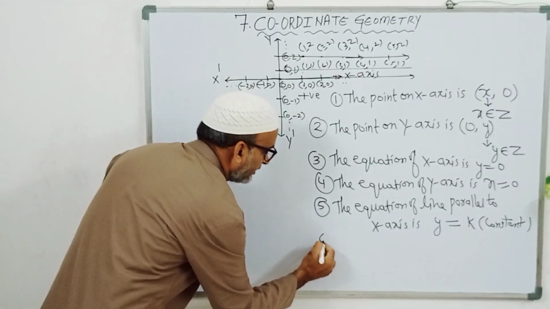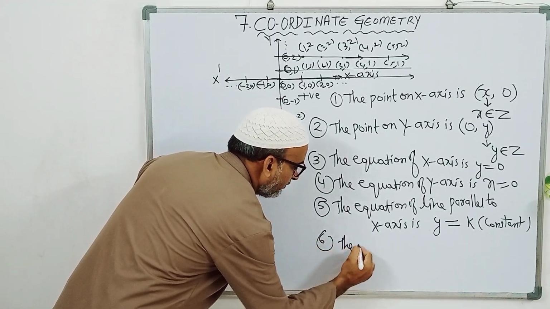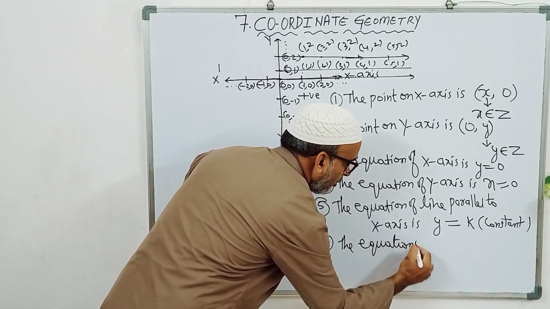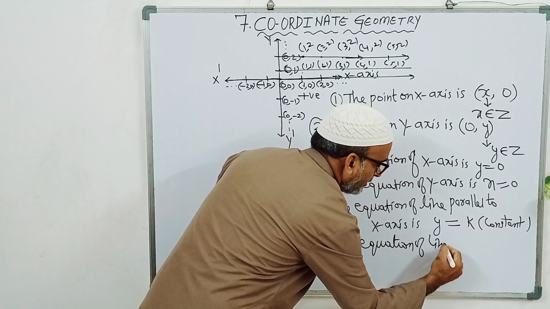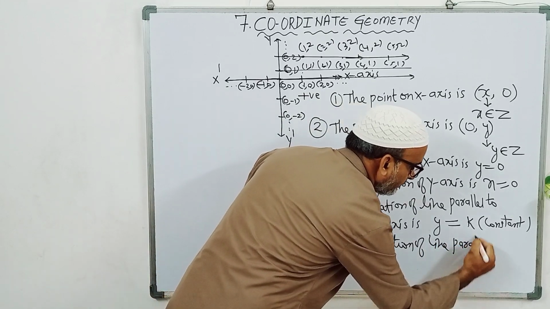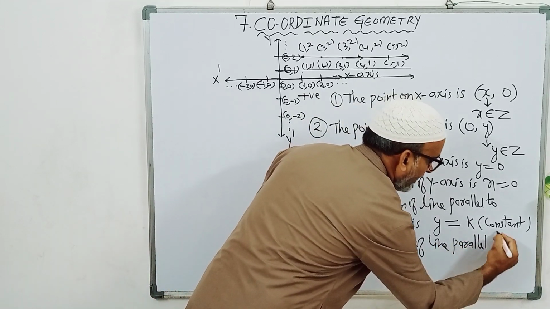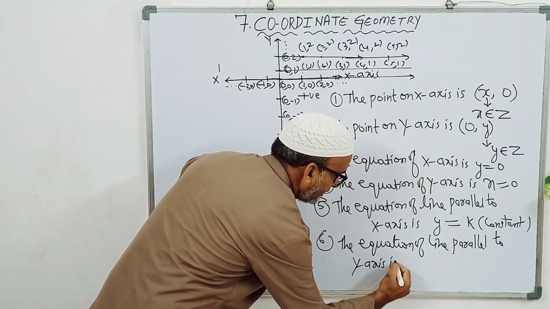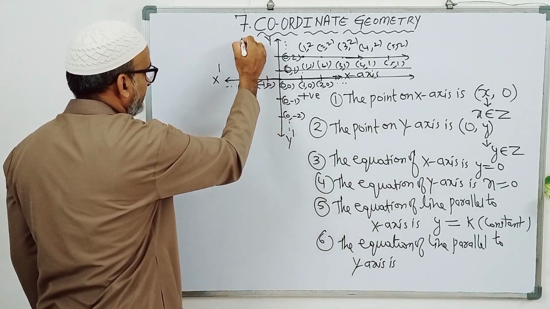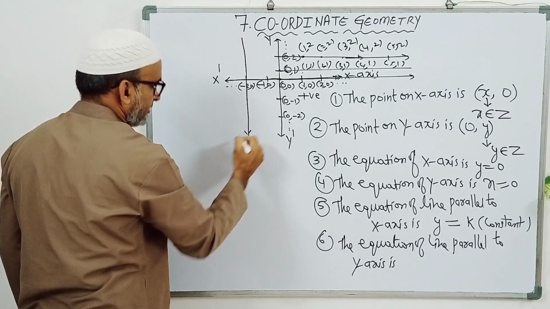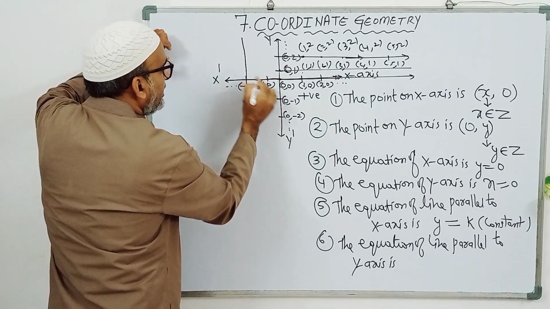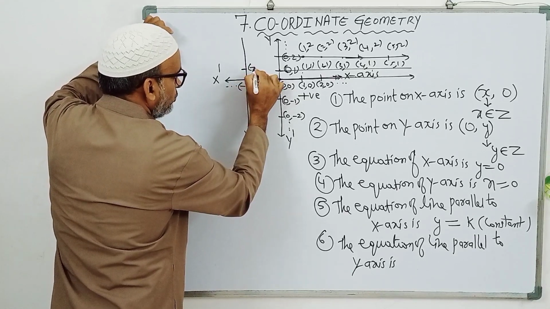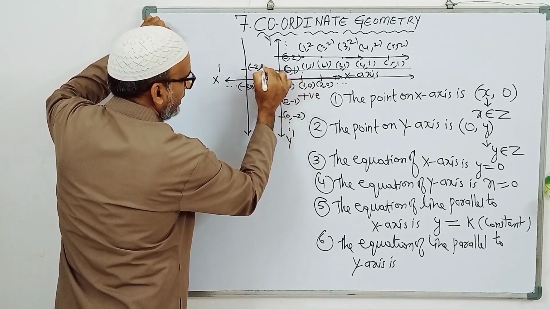Next is the sixth one. The equation of a line parallel to y-axis is: if I am drawing here like this, parallel to y-axis. Now what is the point here? Minus 2 comma 1.